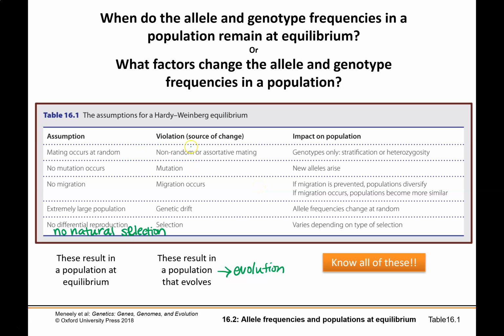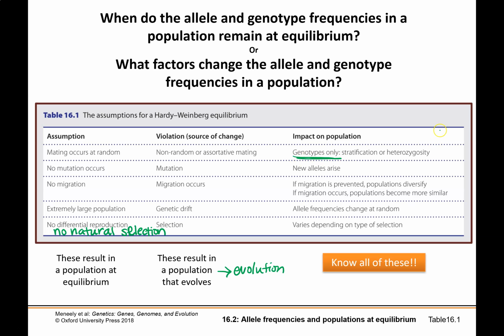So this table just shows what the violation is. They're all pretty straightforward. If we have non-random mating or assortative mating, we'll talk about what assortative mating is in a few minutes. If that happens, we actually only get a change in genotype frequencies.